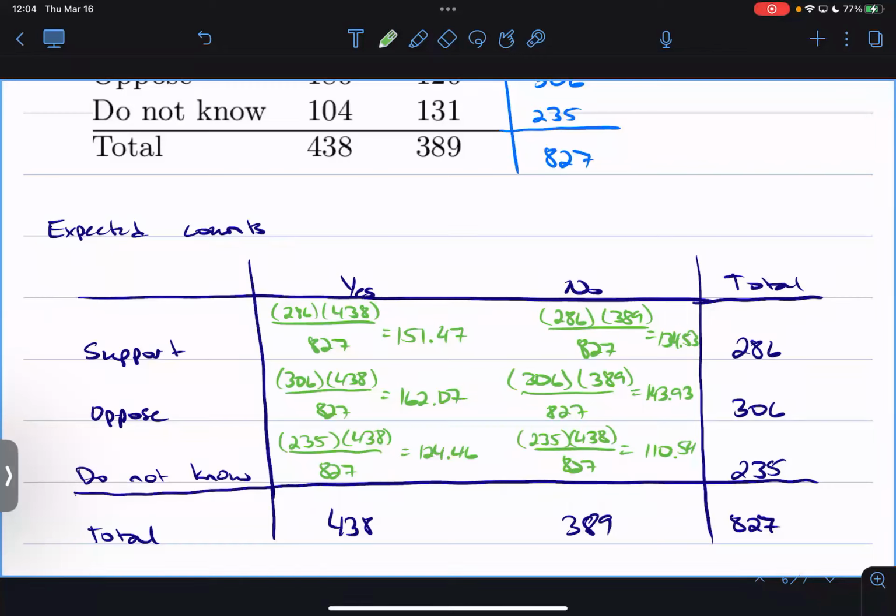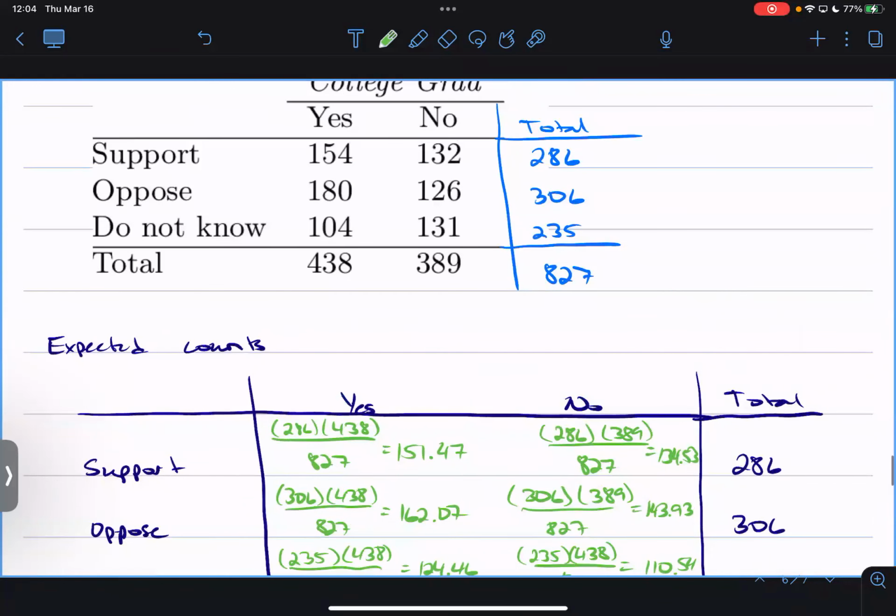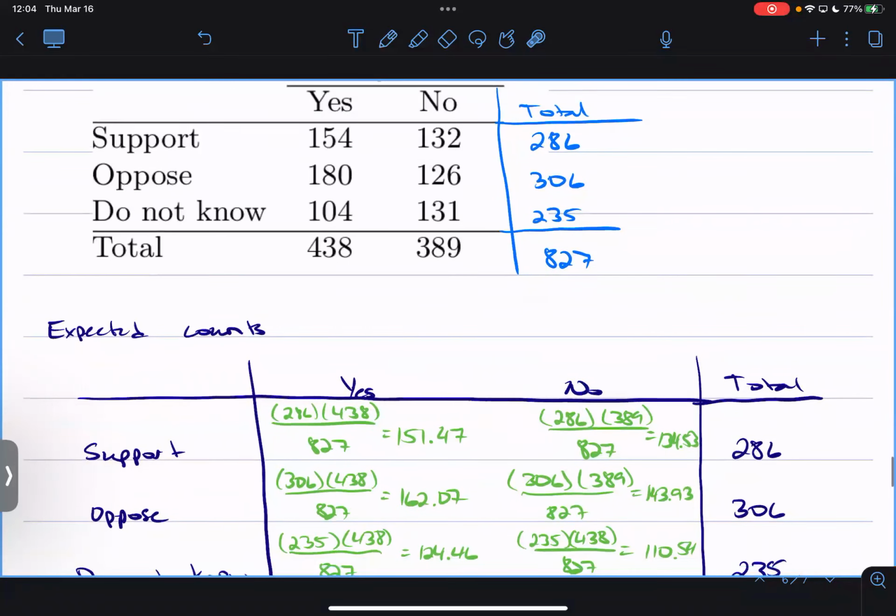So what we want to know with the chi-squared test of independence is, are these values that we saw significantly different from these expected counts, right? We can look at them individually, but the chi-squared test does kind of a look in the box: hey, is anything going on in here?